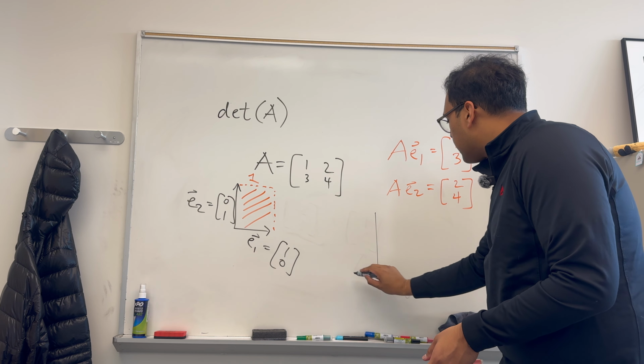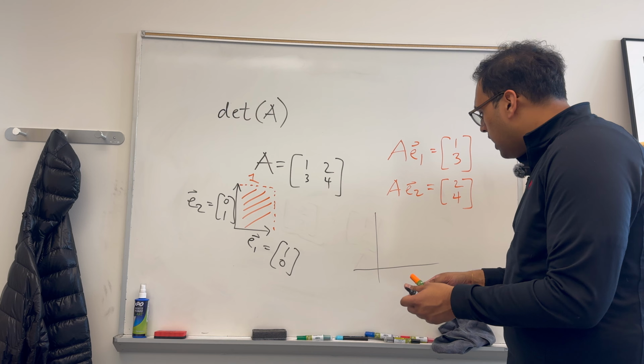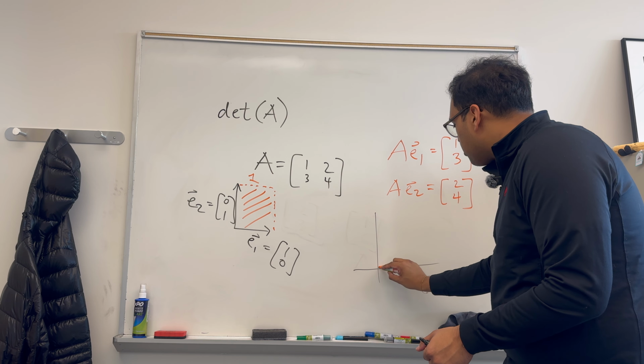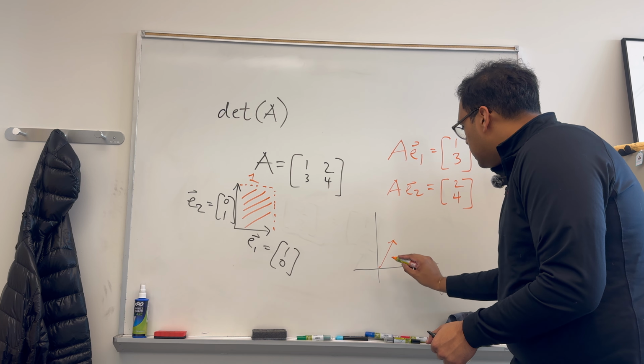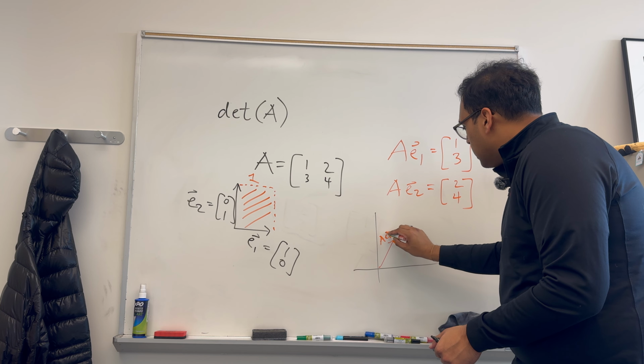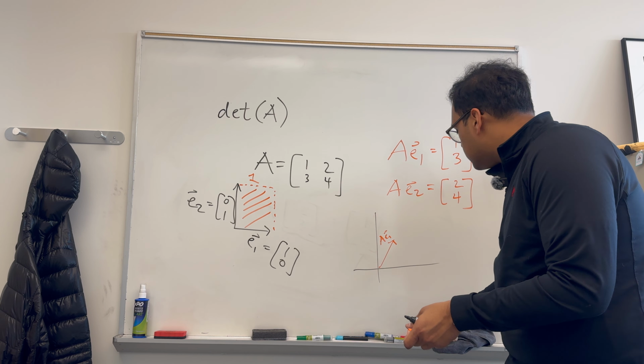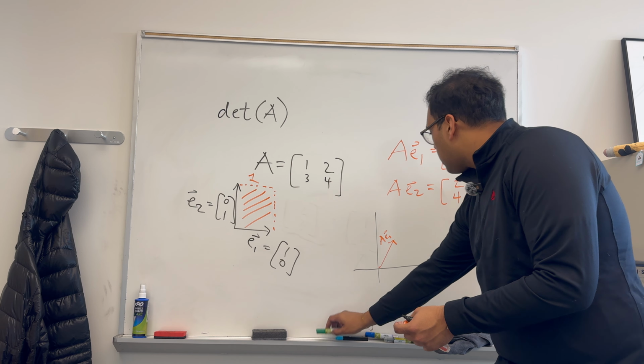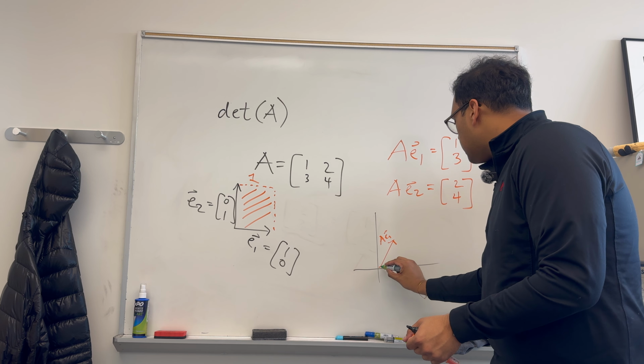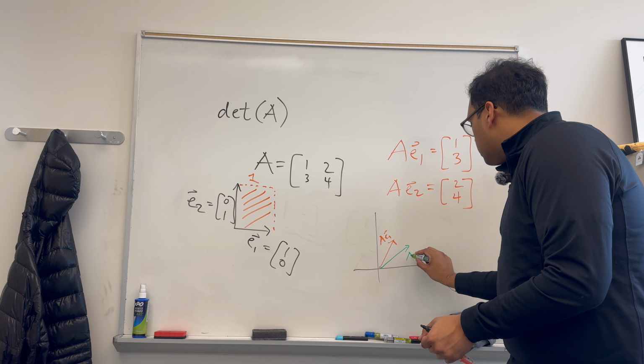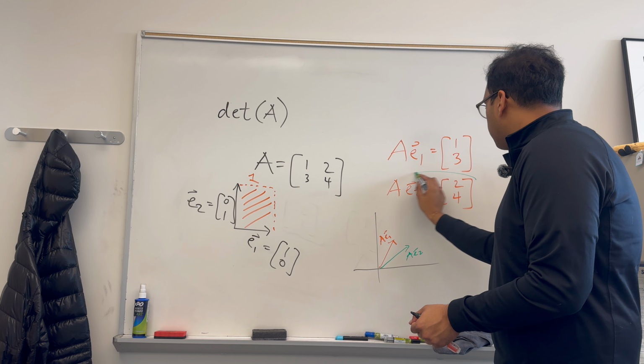Well, if I draw my axes here, AE1 looks like 1, 3. So I might call this AE1. And AE2, let's pick a different color, 2, 4, it may look like that. That's this one. Okay?